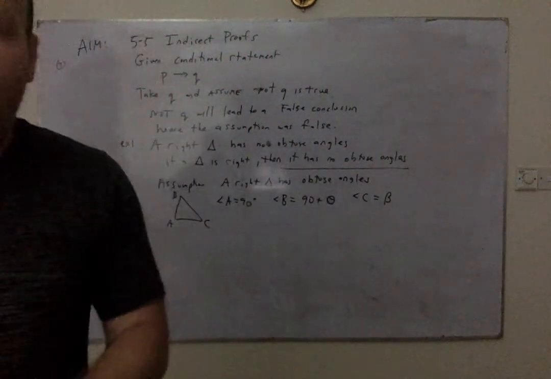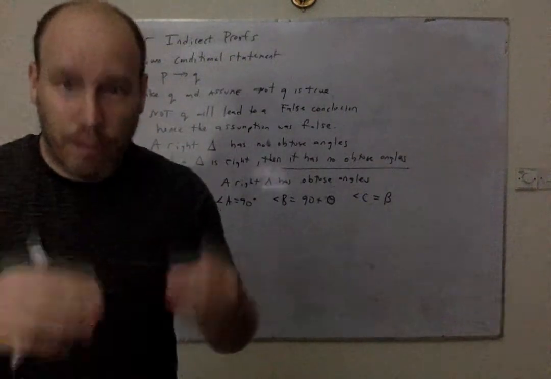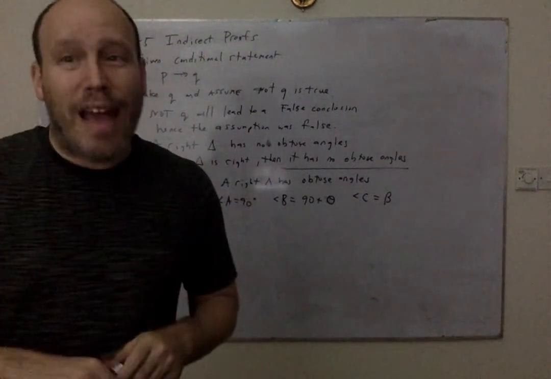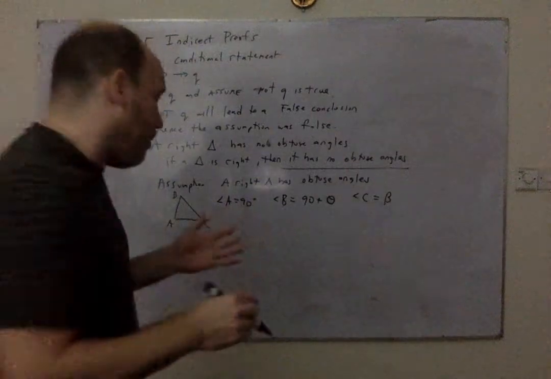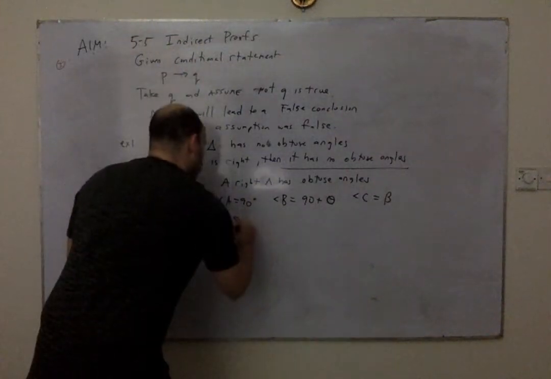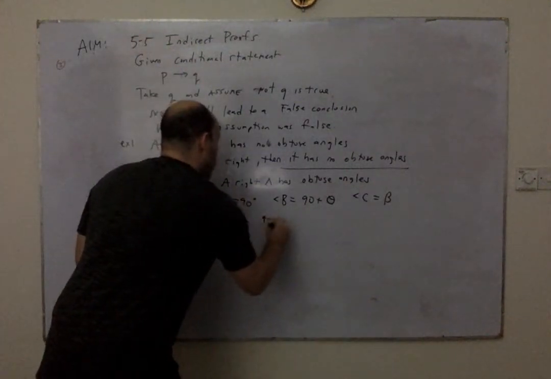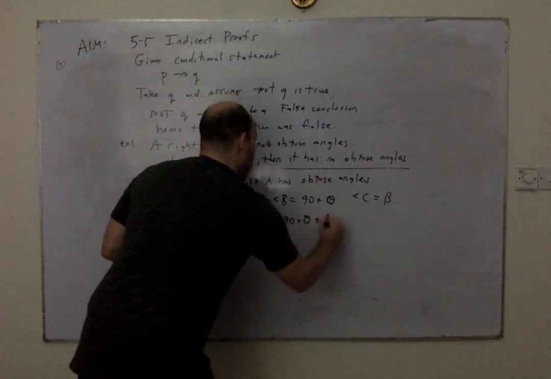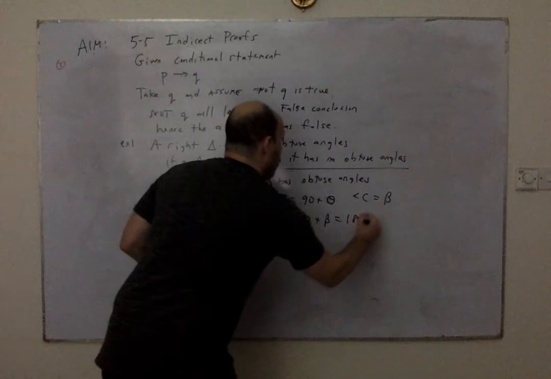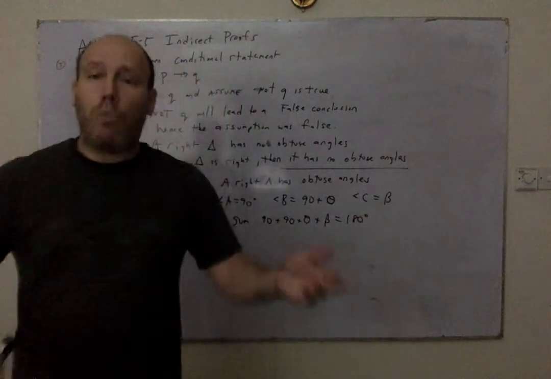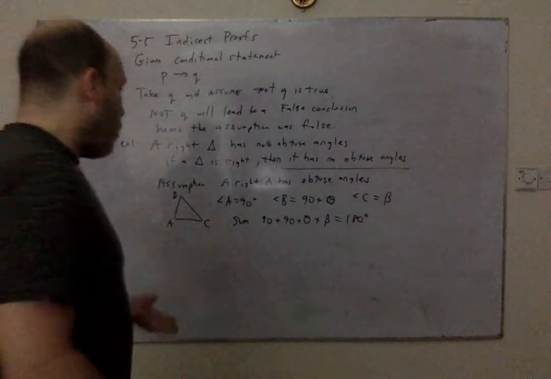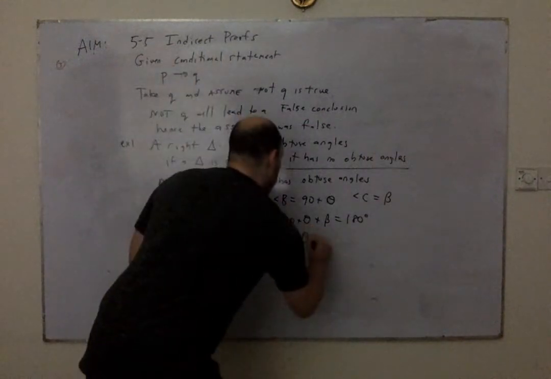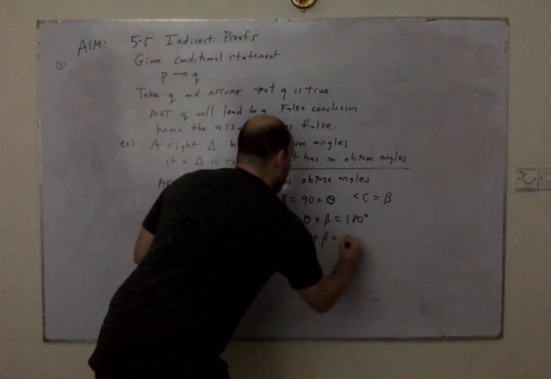So we have our three angles. Now, what's the sum of the angles of a triangle? The sum is 90 plus theta plus beta equals 180 degrees. Well, what do you notice? It turns out that theta plus beta equals 0.